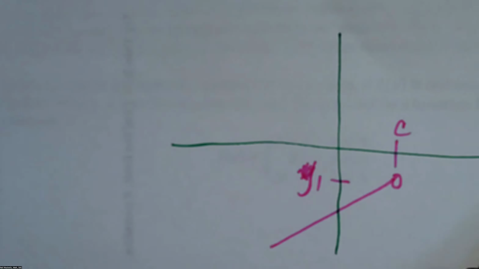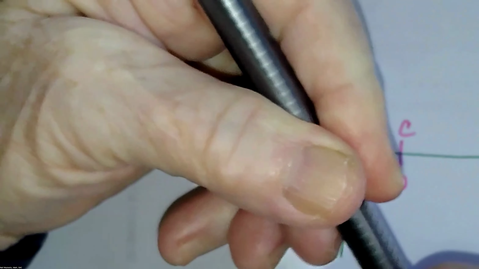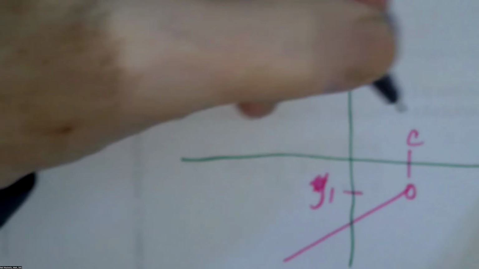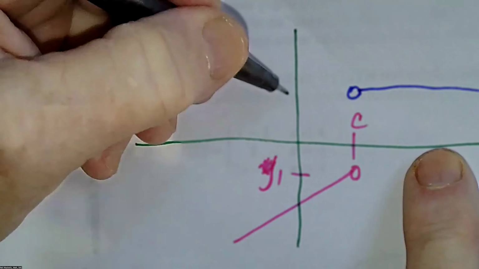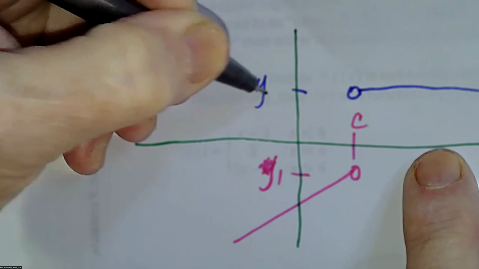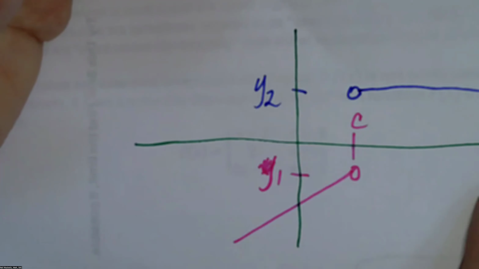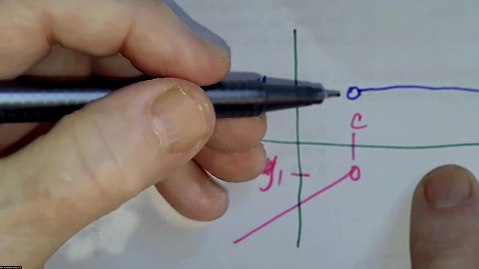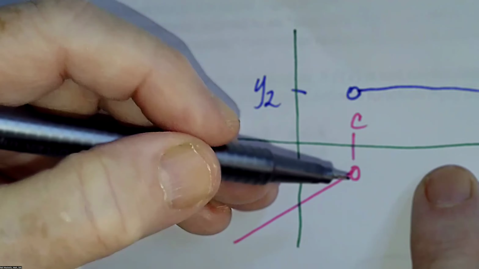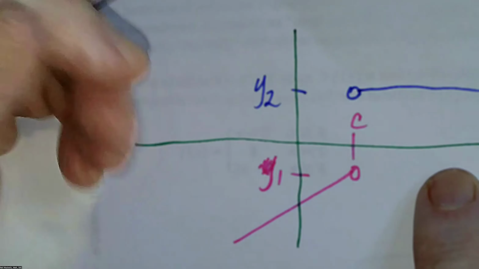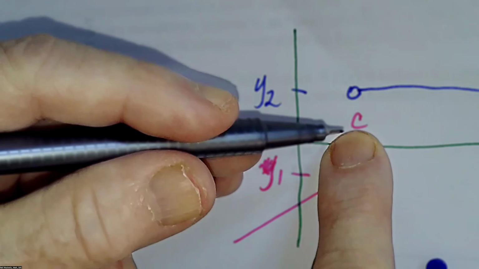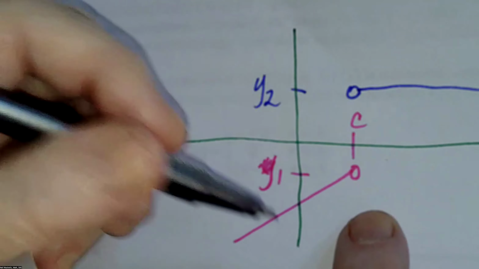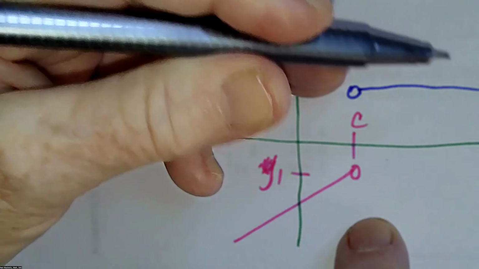And the limit from the right, maybe it's going to some other value, it could be a straight line, it could be anything. The key thing is that these values are different. So not only does the function at c have a problem, but the function around c has a problem.